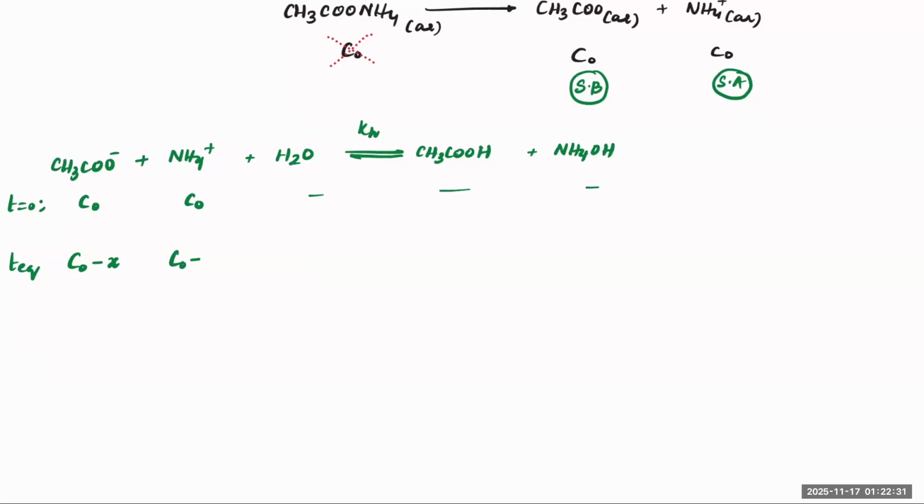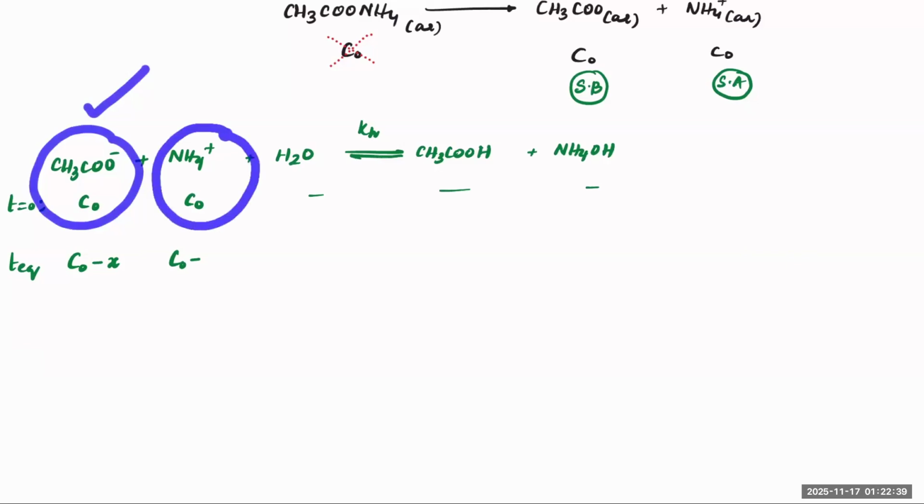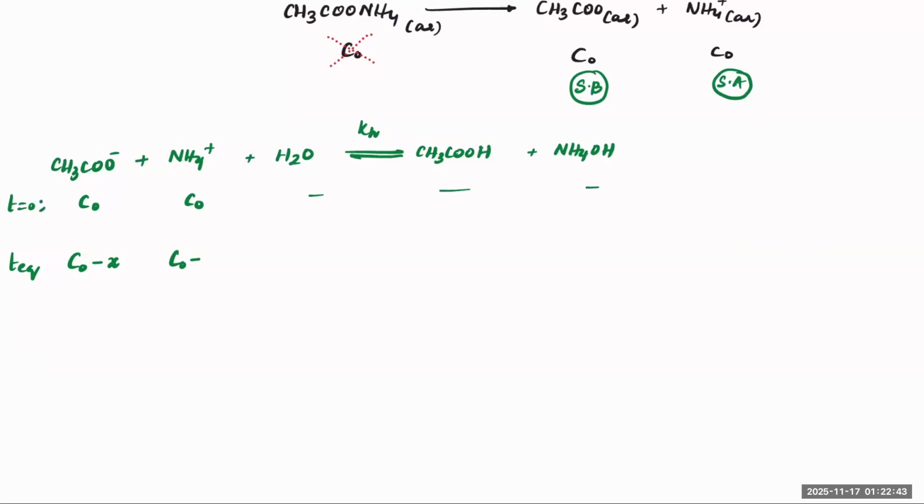The assumption is that the amount of hydrolysis which acetate can do, we are expecting the same amount of hydrolysis which NH4 plus can also do. If CH3COO minus is responsible for breaking 4 moles of water, I'm expecting NH4 plus will also be responsible for breaking 4 moles of water. This is the assumption. Hence, here also we take it as C naught minus X.